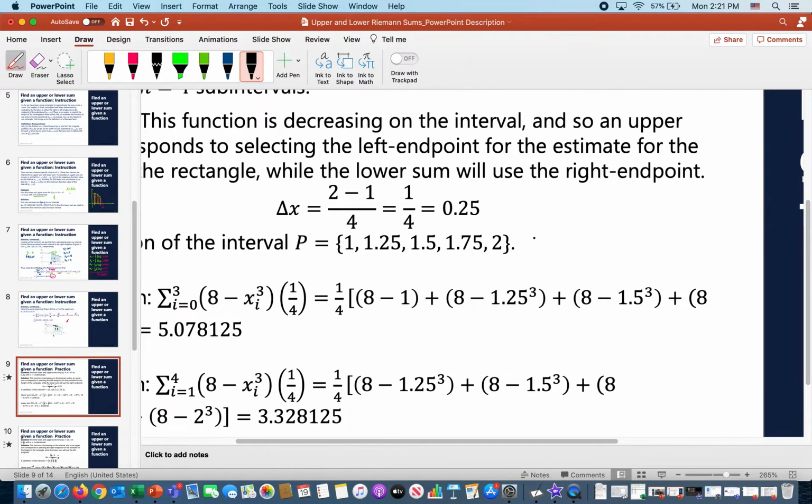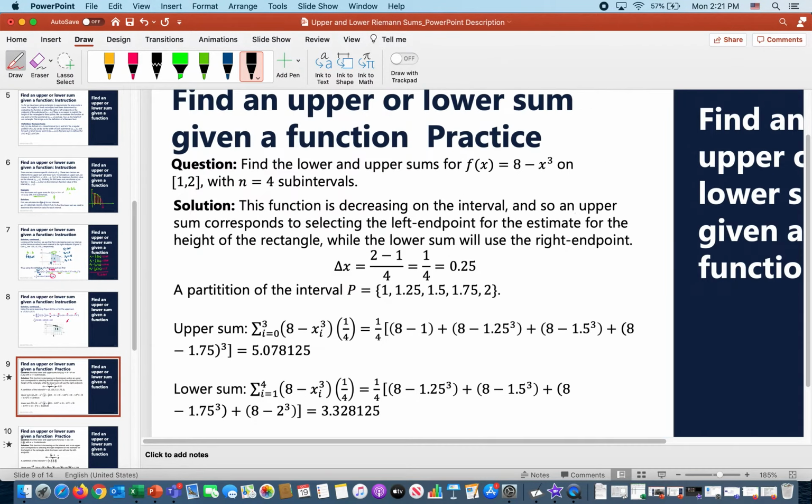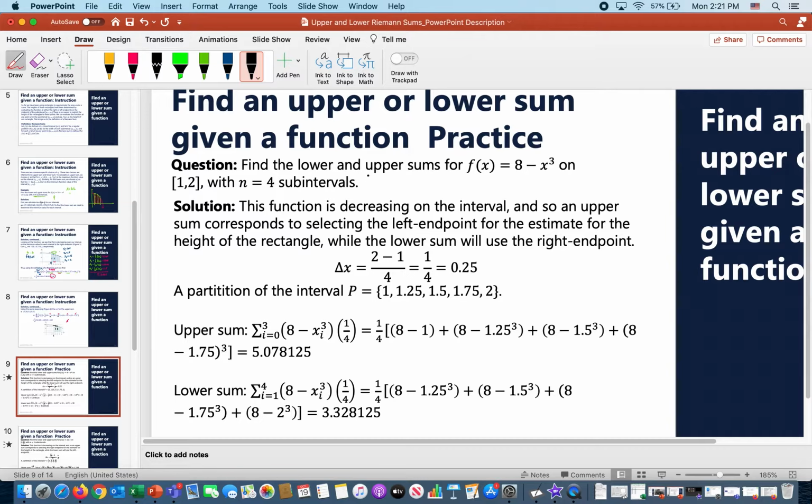Let's look at one where we don't necessarily have that picture off the top of our head to go by. So here we have: find the lower and upper sums for 8 minus x to the third. Similar interval and subinterval, 1 to 2 with n equal 4 subintervals. So remember how we went to find the width of each of those rectangles?